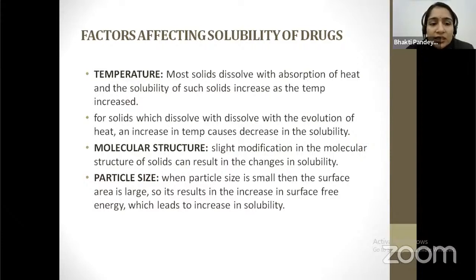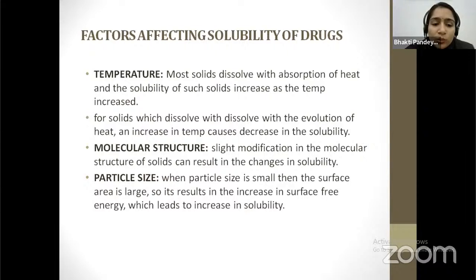And if in some solid there is evolution of heat, then with the increase of temperature, the solubility will decrease. That is the case with NaCl.